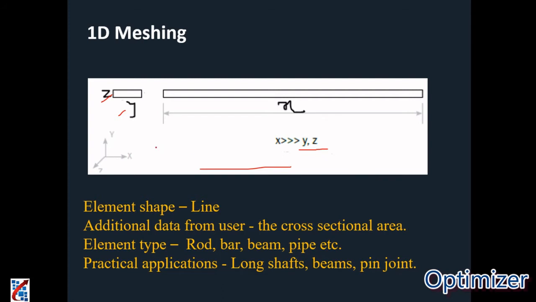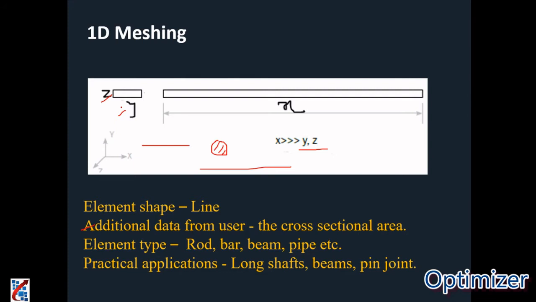For example, if you want to solve a beam that has a circular section, then with the help of a 1D element you only draw the line, and virtually you define the cross section of that beam. So the additional data required from the user is the cross section area, that is the other two parameters. That means you define only a line in this case, and y and z you define as a cross section. That is the main requirement of a 1D element or 1D mesh.